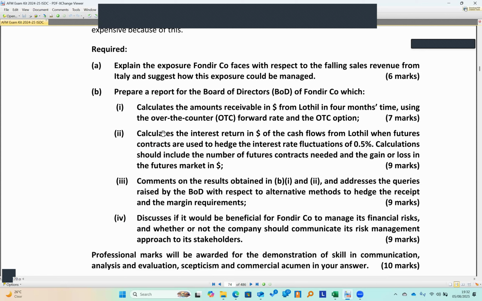Basically, summarize this one. It also looks at whether it's beneficial to manage financial risks, and then you give a summary of these 4 requirements, and then you start writing.